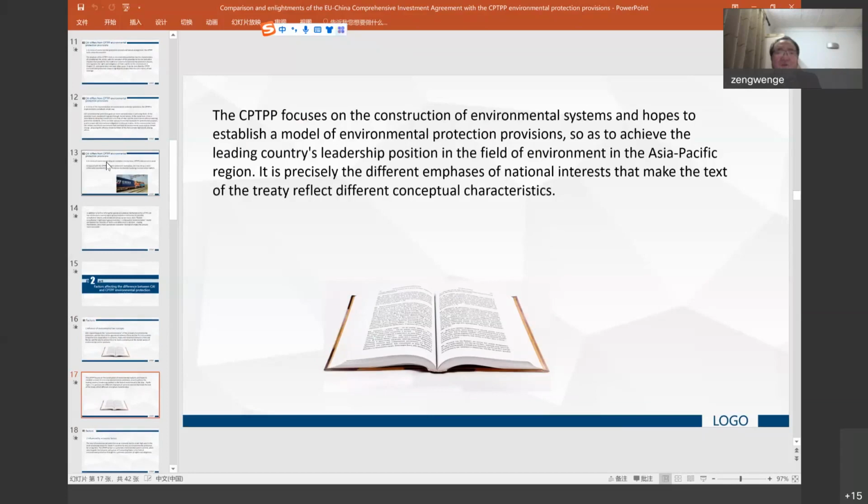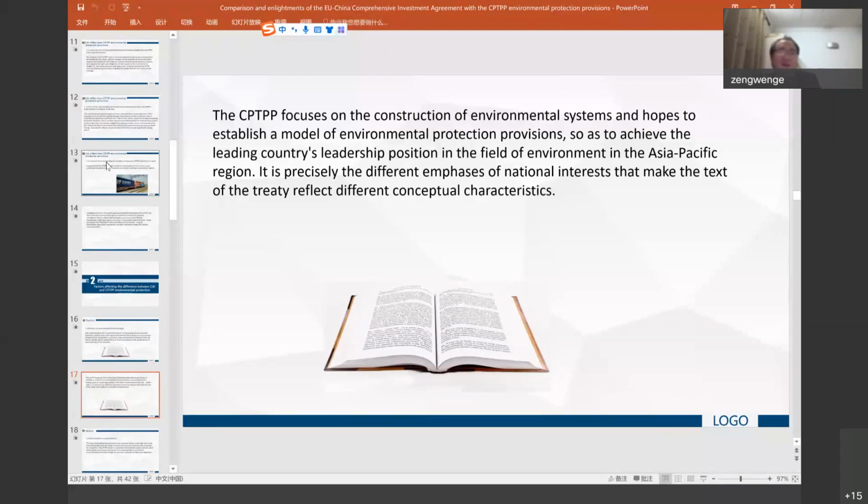Emphasize the national interest, the different conceptual characteristics for the CPTPP. The first stage, just the American US. After the Trump presidency, we saw this CPTPP.